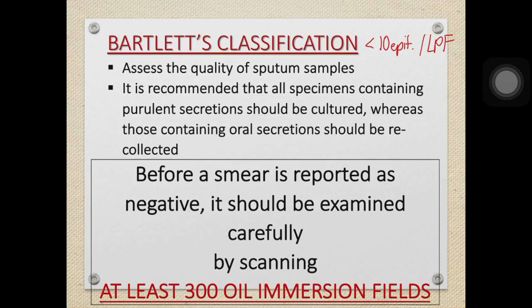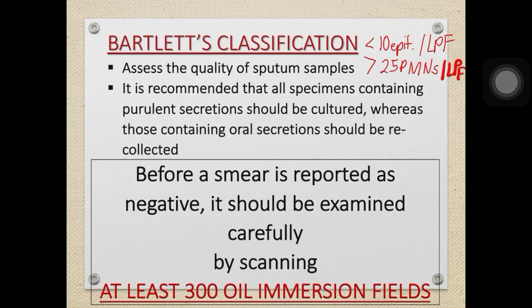To be specific, less than 10 epithelial cell per low power field and greater than 25 PMNs per low power field. Inuulit ko po, acceptable sputum sample, less than 10 epithelial cell per low power field, greater than 25 PMNs per low power field.